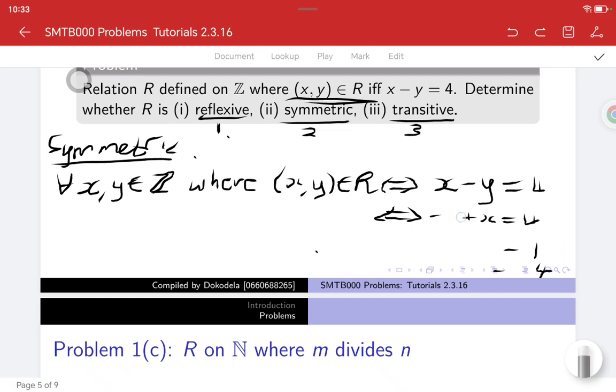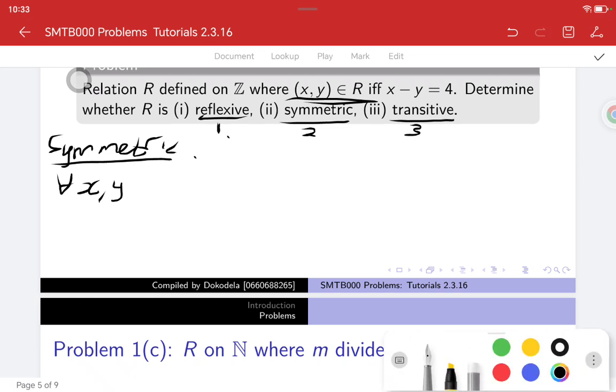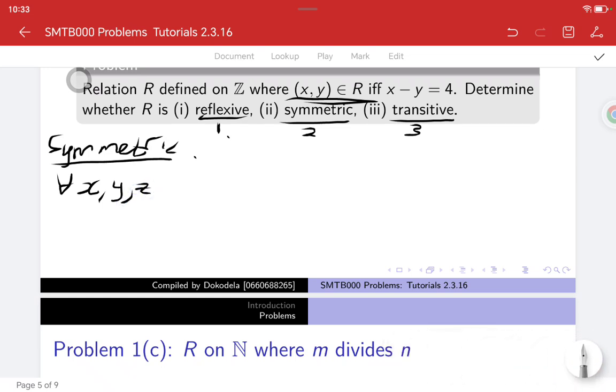So now we can check transitivity. For transitive, we're going to take three elements. We always check 3 elements. We take x, y, z, which is an element of the integers. Remember, x should be related to y and y should be related to z. That's the definition of transitivity.